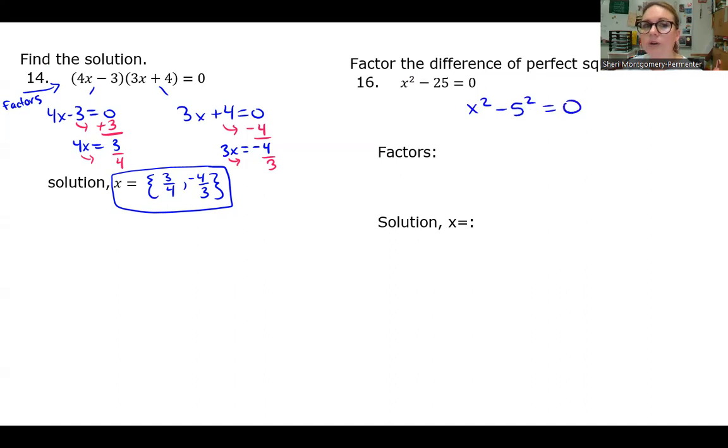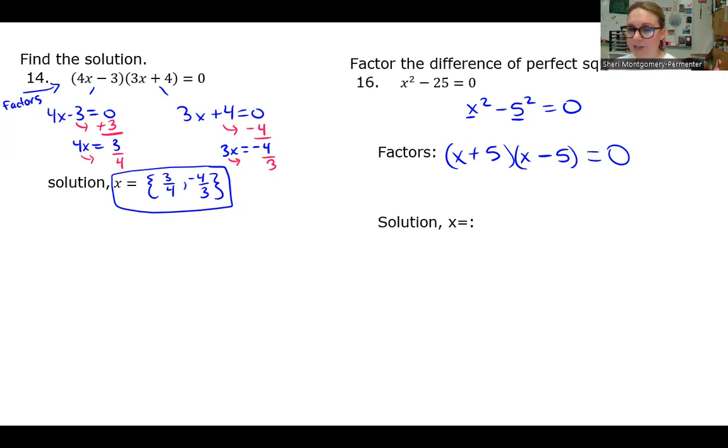As long as you can rewrite it as something squared minus something squared, then factoring it is super simple. You put the two terms in that same order, x and 5, and one of them will be plus, one will be minus. The order doesn't matter. From here, you can set each one of those factors equal to 0 and solve.